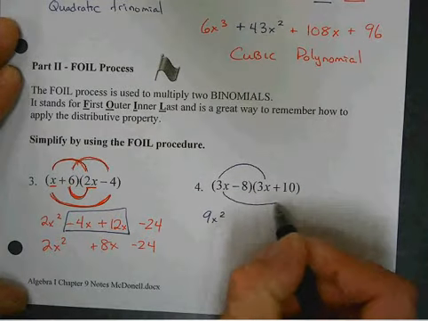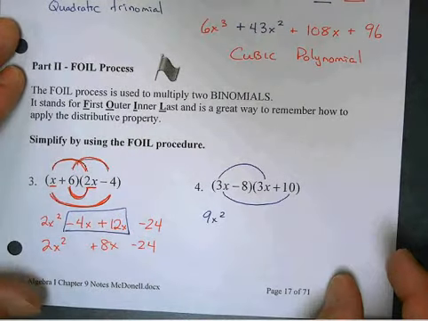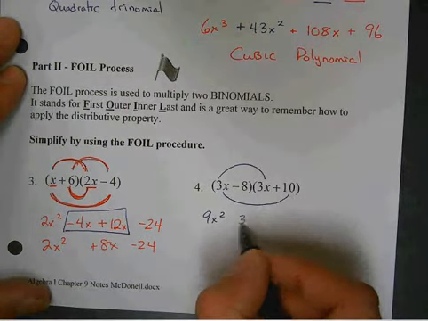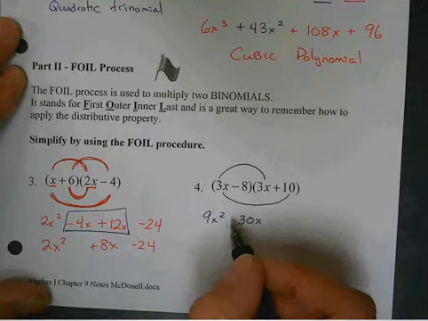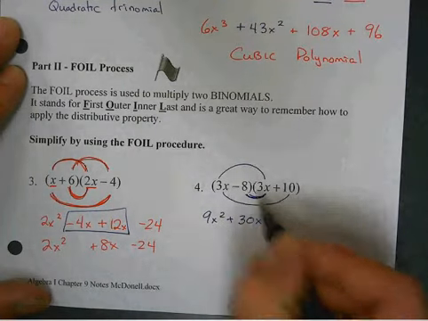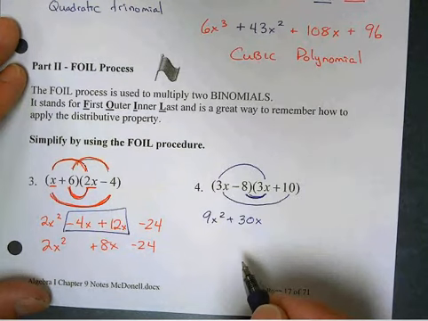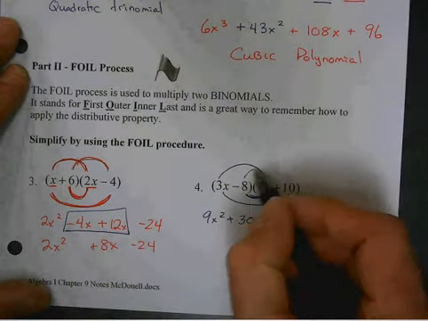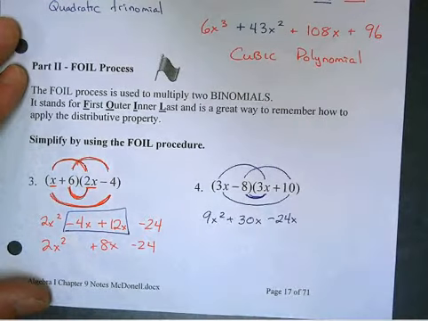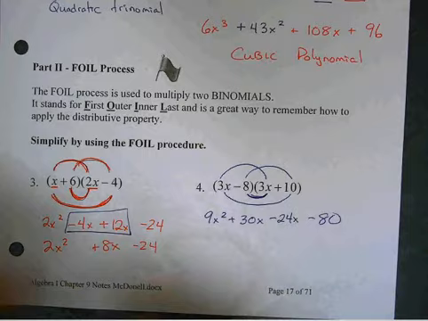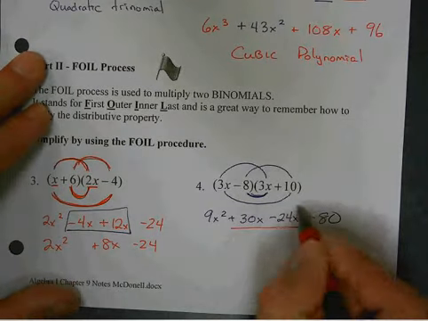Outside, somebody else. Now you've got to give me a sign. Plus or minus? Plus. Inside. Good, thanks for giving me the sign. And last. Minus 80, good. Look at our middle two. Are they like terms?